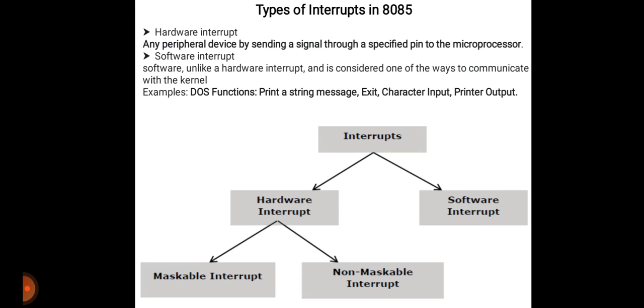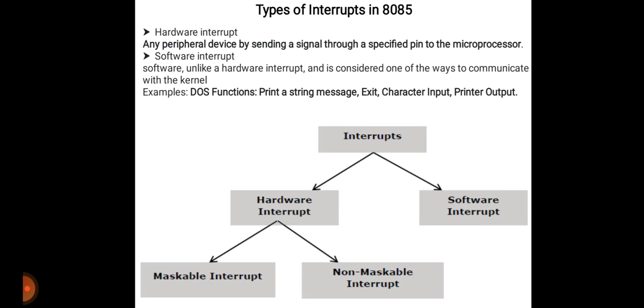Upon completion of the subroutine, program control returns to the main program. Examples of software interrupts are DOS functions, print string message, exit, character input, printer output, etc.